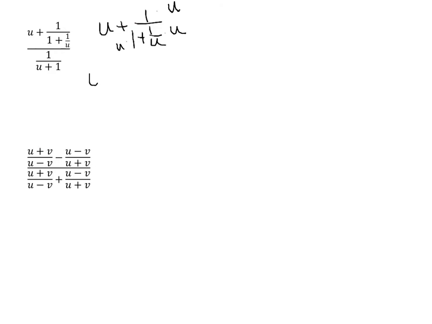And what I'm left with is u, that's this one, plus u over u plus 1. Now I have a common denominator of u plus 1. So I can multiply this u times u plus 1 over u plus 1.